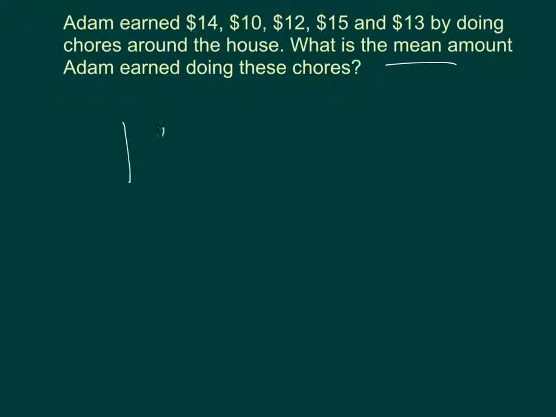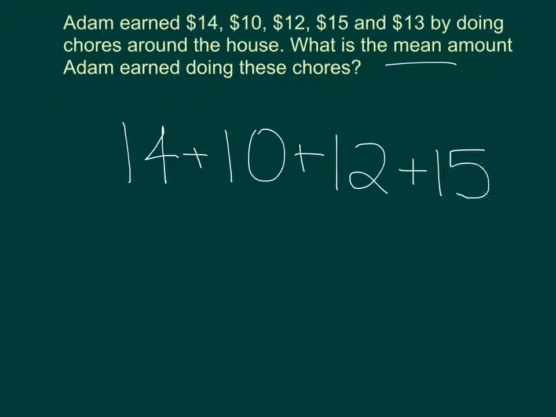So you do this by adding 14 plus 10 plus 12 plus 15 plus 13. So if you do that, you will get 64, but that's not how much he earned, that's the total that he earned, and you're going to divide it by the number of items in the set.